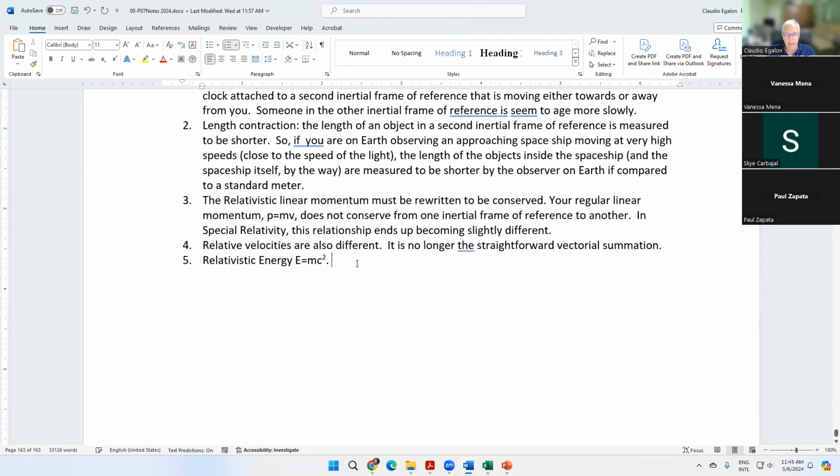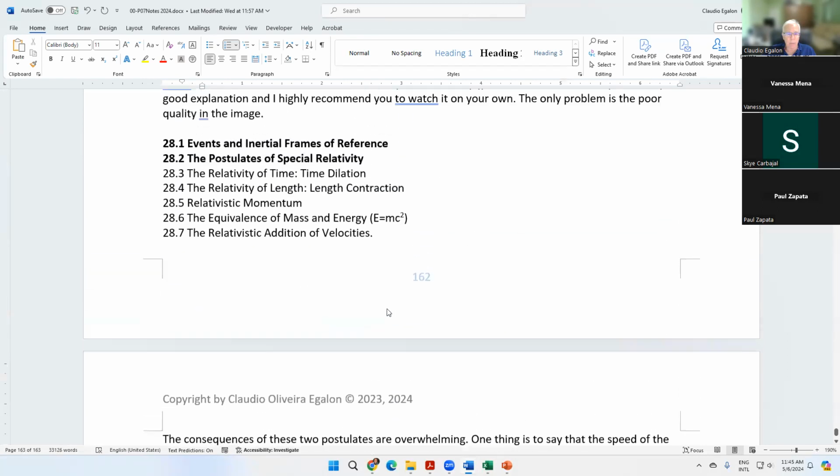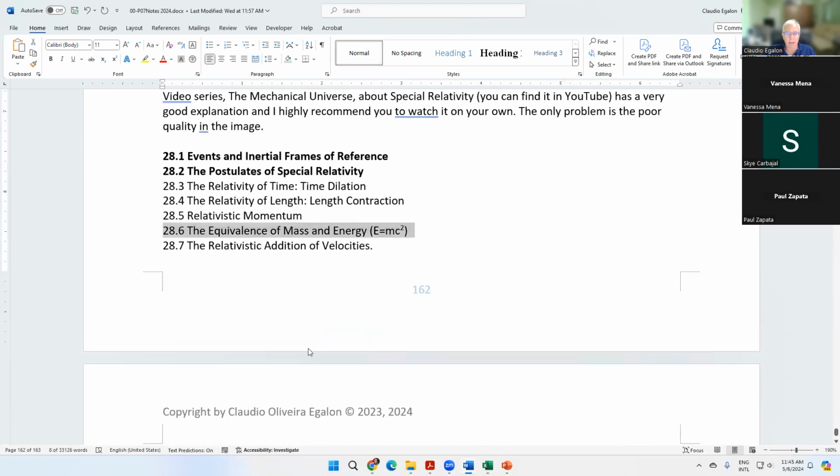That's what the book calls the equivalence of mass and energy. An object with mass has some energy in it, and the energy can also be converted into mass. A massive object has some internal energy that is given by this equation.